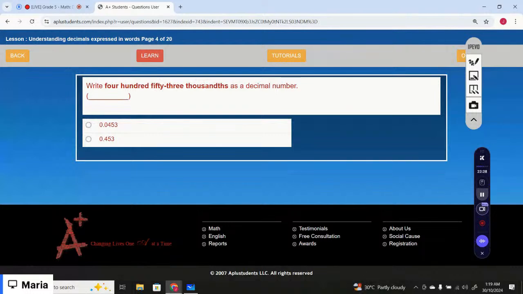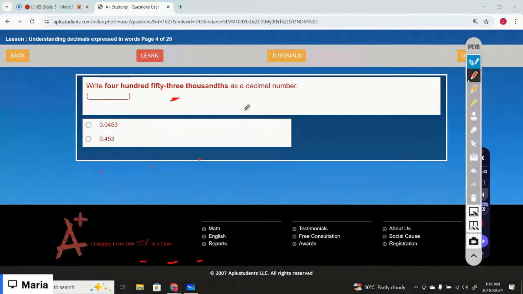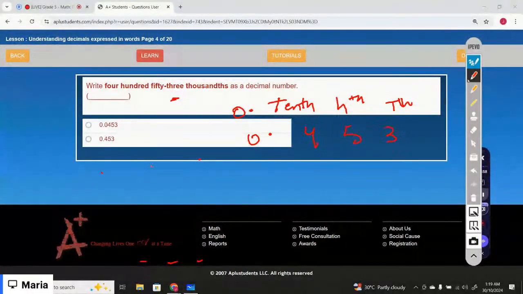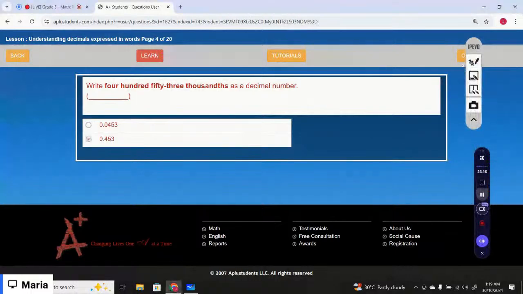The correct option is 453 thousandths. So let's just make a place value chart. Ones, tenths, hundredths, thousandths, right? It is 0.453. Option number 2 is the correct option.